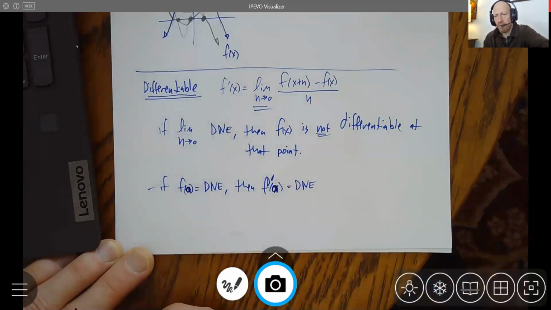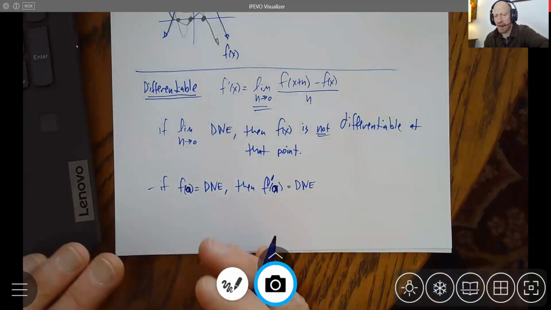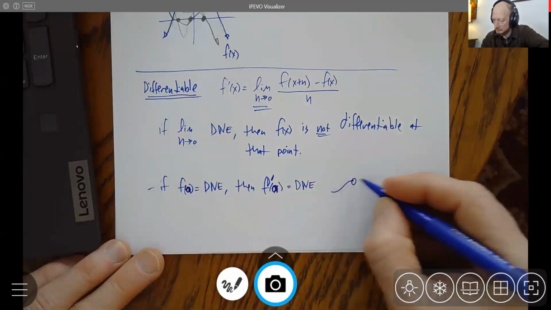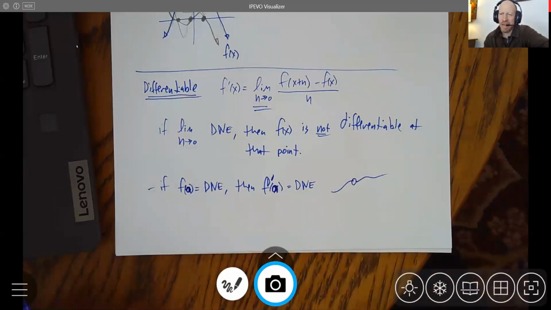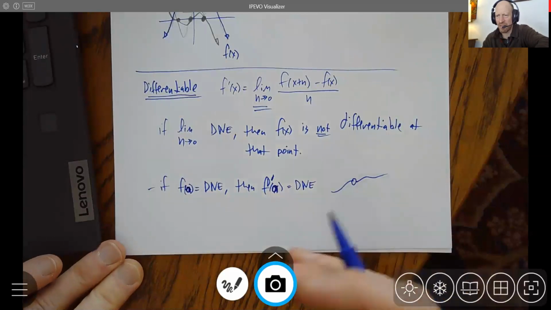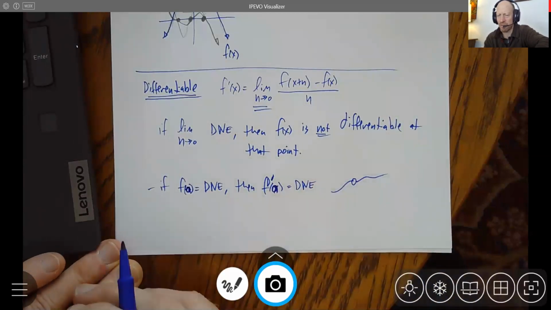So in other words, if the function fails to exist, then it's not going to be differentiable there. You can't have the derivative or the slope of the tangent line if there's a hole in the graph. If the graph doesn't even exist, then there's no way to figure out what the slope of the tangent line would be.